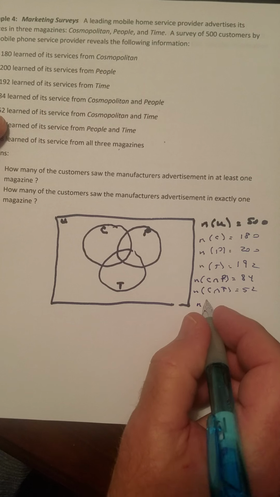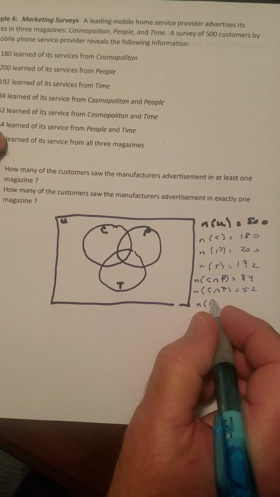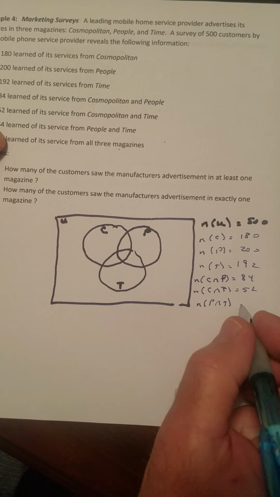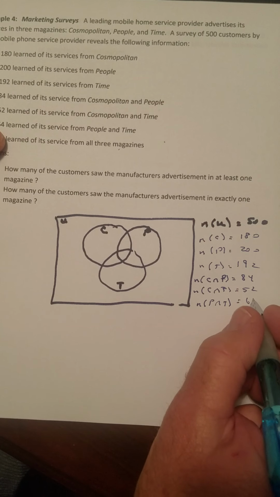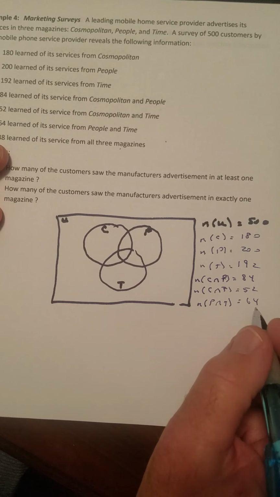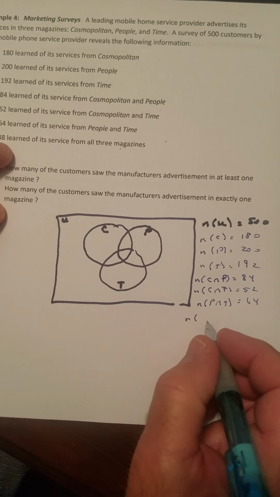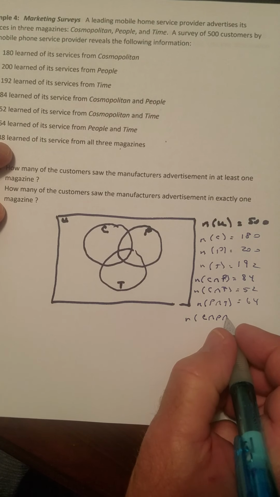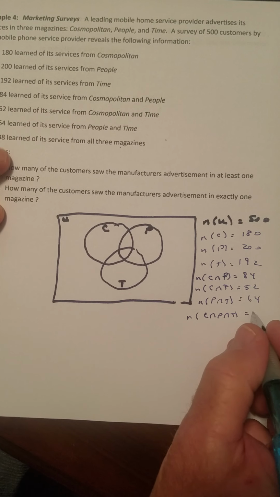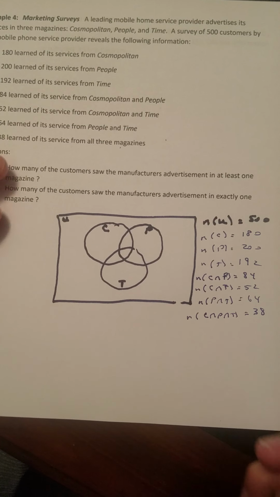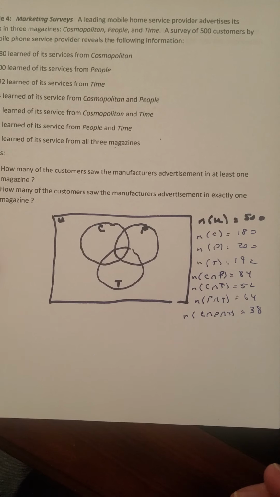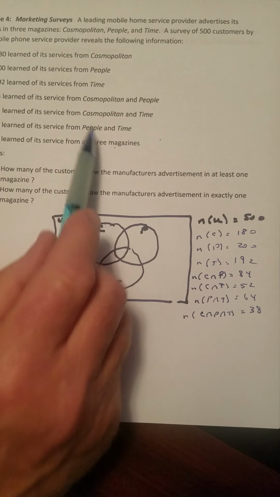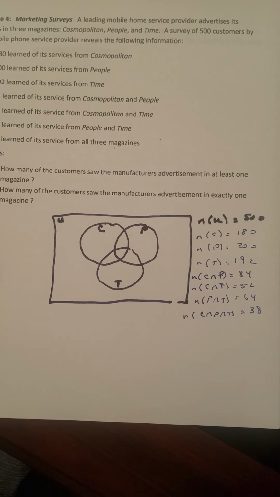And the number in People and Time equals 64. And the 38 would be the number in Cosmopolitan and People and Time, 38. Okay, so all I did, I took what was up here and I wrote that symbolically down here.